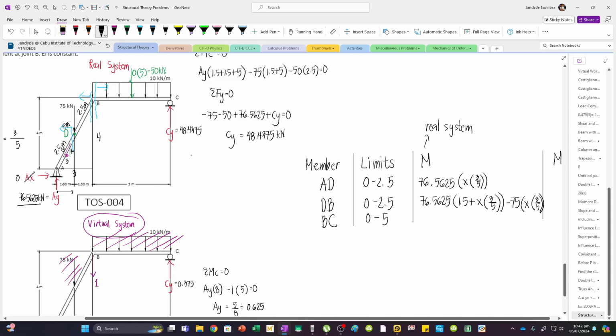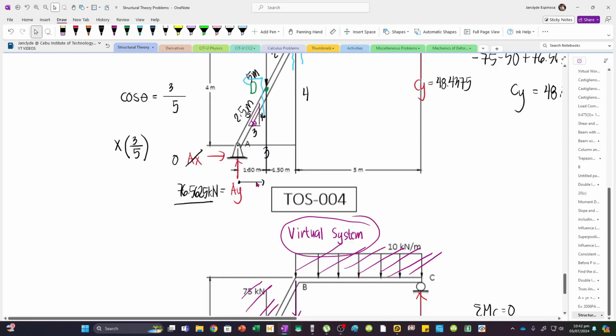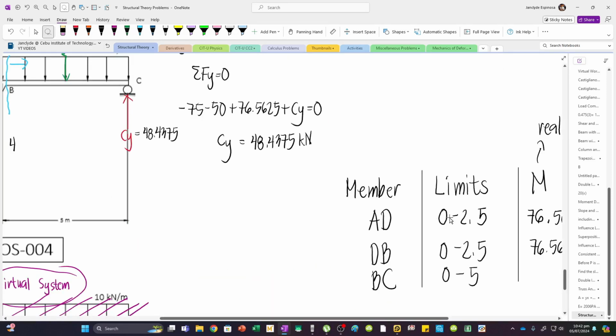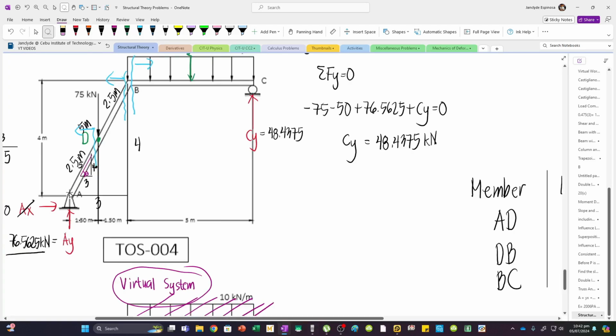Now, by the way, this is what happened. I will just remove this so that you won't be confused. Our limits are 0 to 2.5 and 0 to 2.5. Now, that limit is along the slope of member AB. So, essentially, this is our X. This is X. And then we have, this is 3 and this is 5.